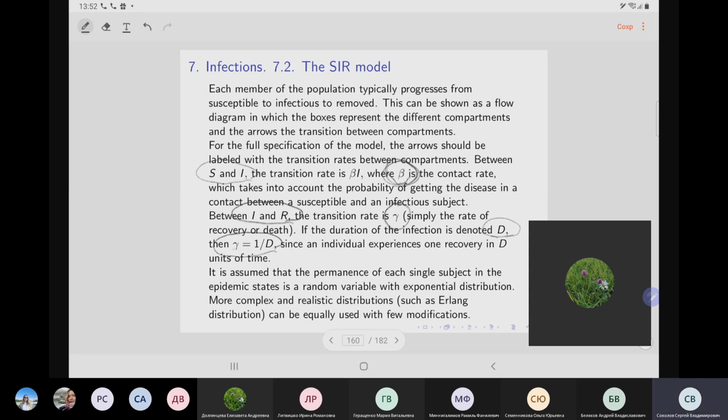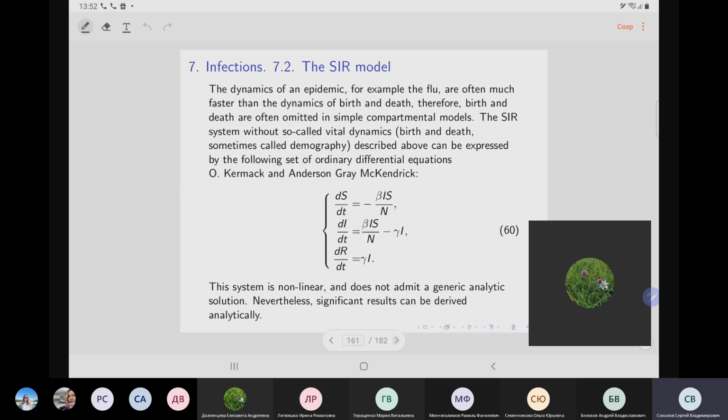So this gamma is a constant, but the constant depends a lot on the nature of the disease. So far, what is the equation?